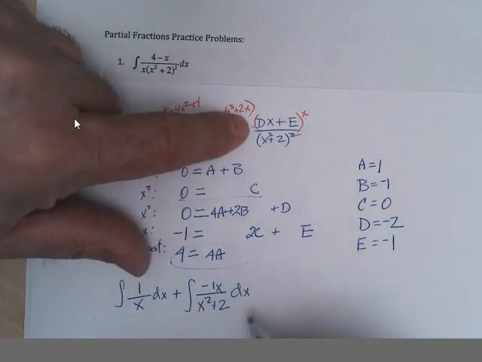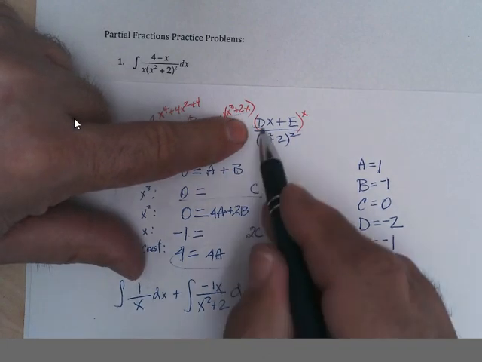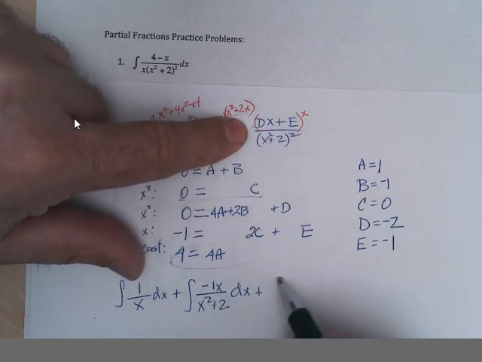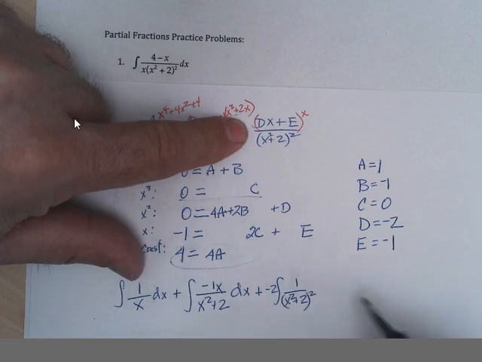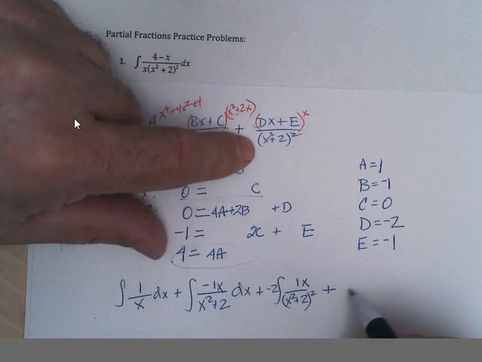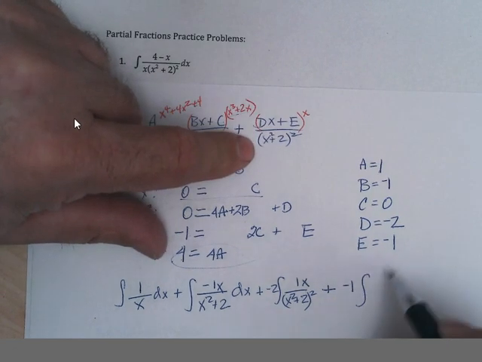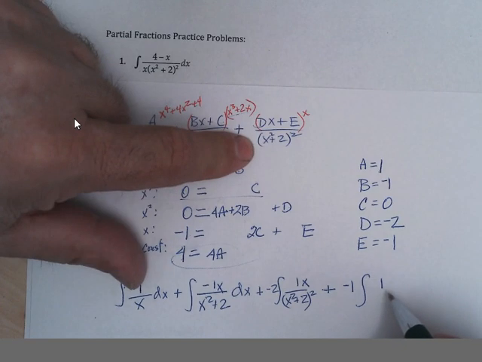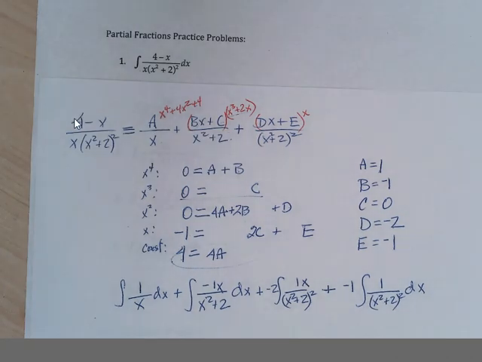And on this one, D is minus 2, so minus 2 times 1 over x squared plus 2 squared, minus 2x plus E over this, minus 1, integral of 1 over x squared plus 2 squared dx.